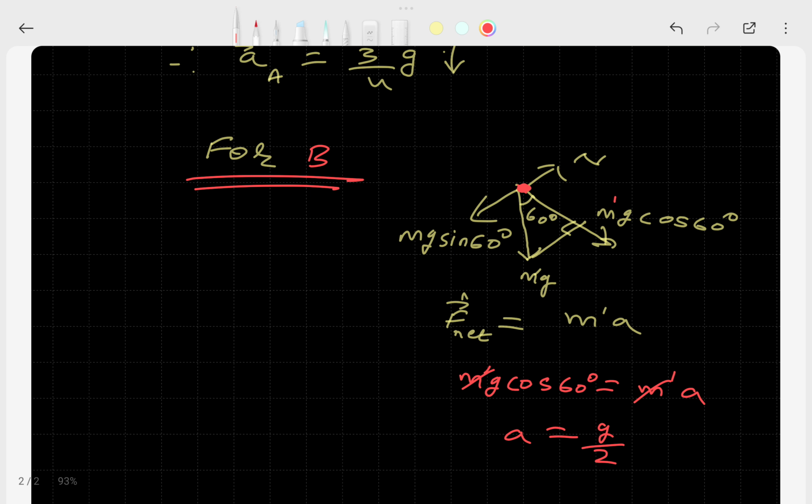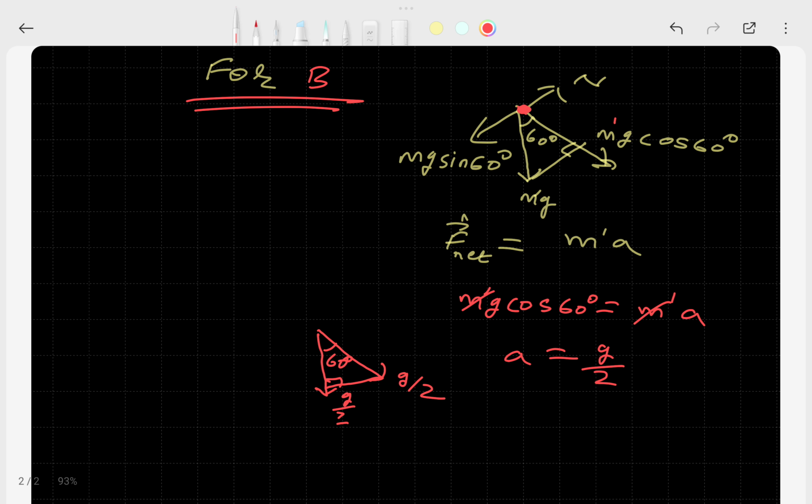Now again let us find the vertical component. As this is g by 2, and this is your vertical line, and this angle is 60 degree, if you draw the projection here, 90 degree, how much will you get? g by 2 cos 60 degree.